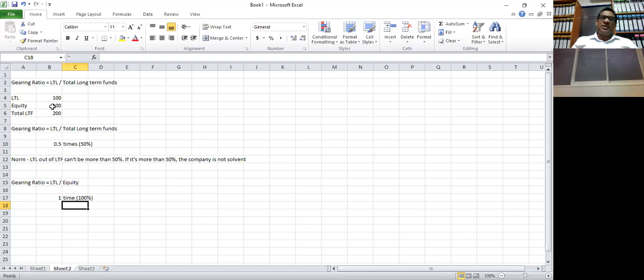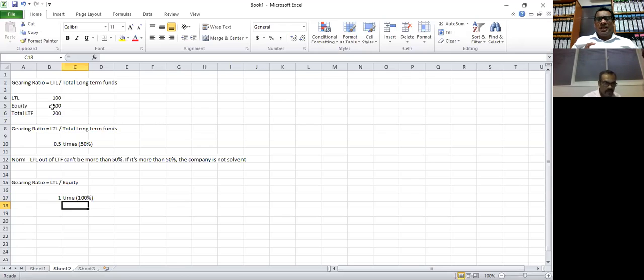So the maximum value of long-term liabilities should be limited to the value of equity. Based on the figures I have taken, long-term liabilities are exactly equal to equity. So if you calculate gearing as long-term liabilities divided by equity, the ratio will be 100%. That is all right. It means it has reached the maximum level.